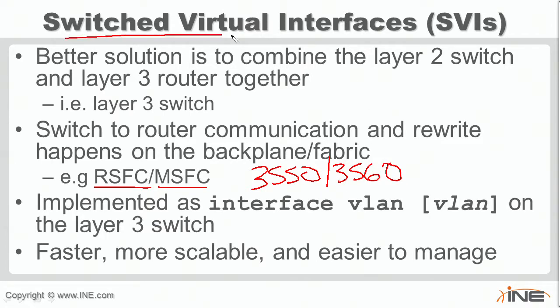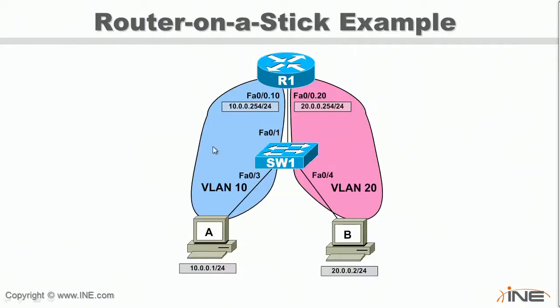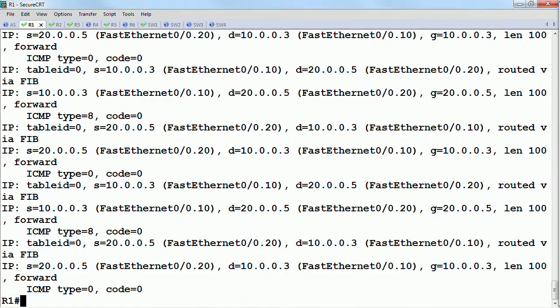They're going to be using these switch virtual interfaces, or basically interface VLANs, to assign layer 3 addresses and then to do the rewriting between the segments. So now we're just taking what used to be two physical devices and collapsing them into one logical device, where the result is going to be the same.